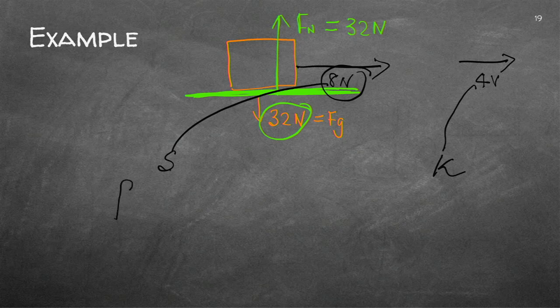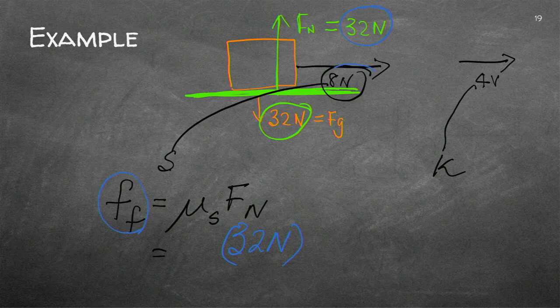The equation is this. It is static friction equals the coefficient times the normal. Have you got values for this equation? Let's quickly see. I've got 32 as my normal there. And I've got the friction, because they are pulling it with 8 newton.